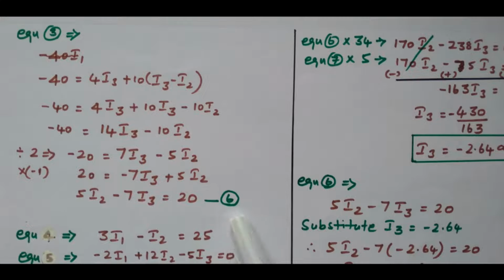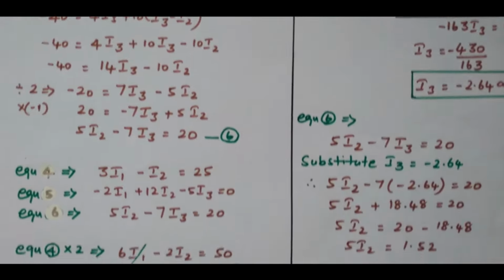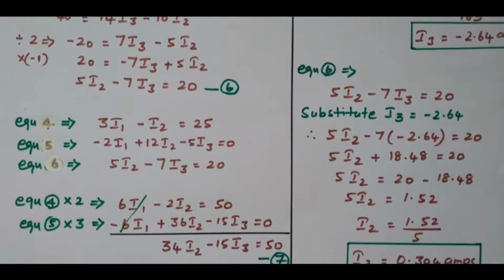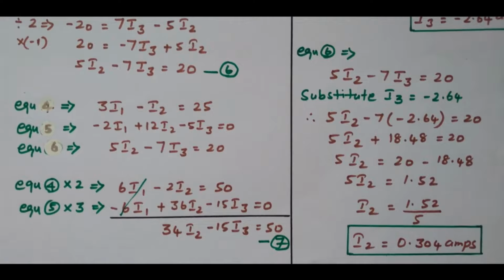We'll take this as equation number 6. Now equations 1, 2, 3 are simplified and given the new numbers 4, 5, 6. So these equations are available here: equations 4, 5 and 6.